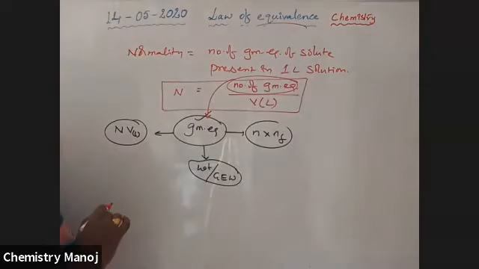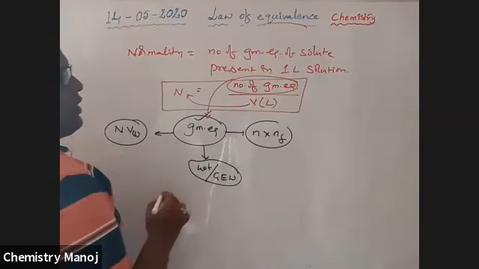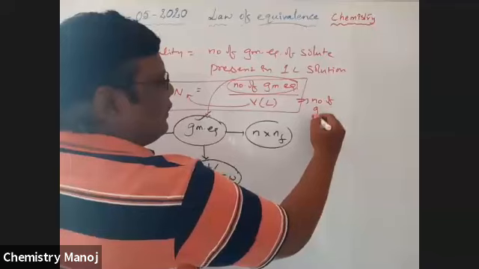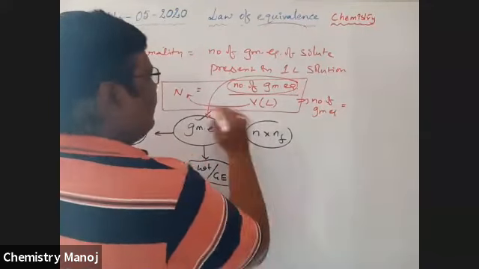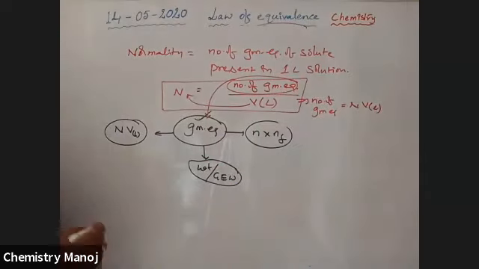Now, by cross multiplication, number of gram equivalents is equal to normality into volume in liters. That is the formula used here.